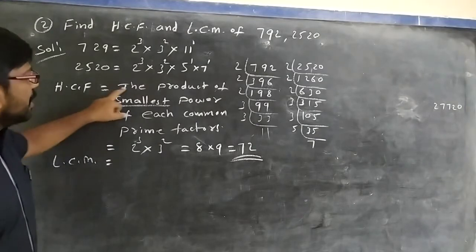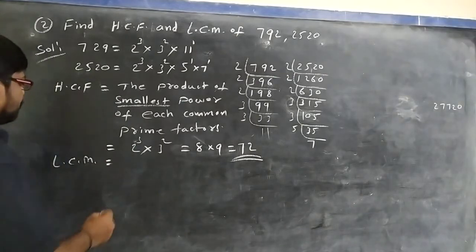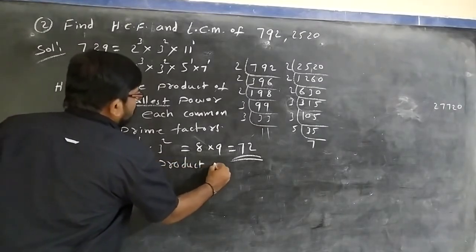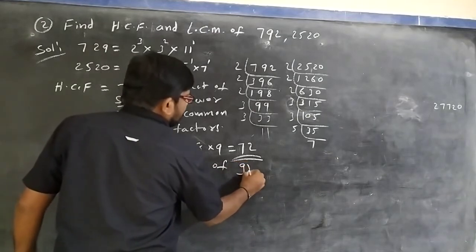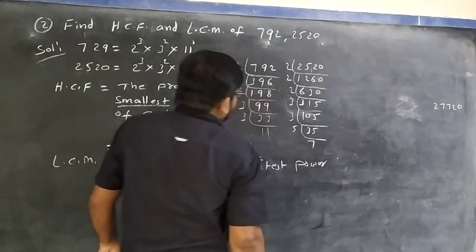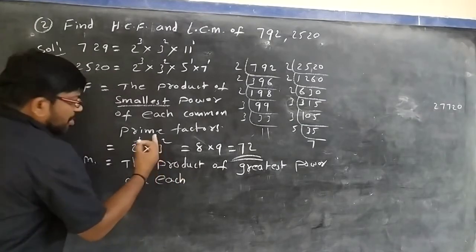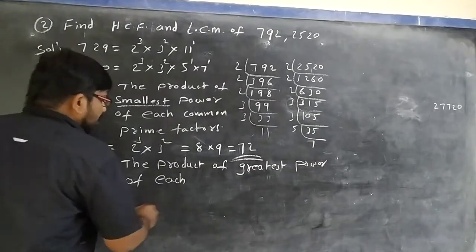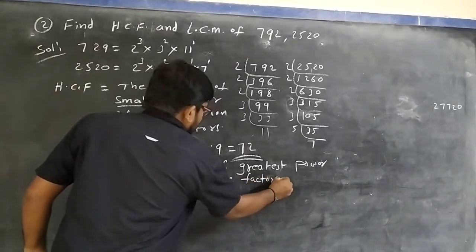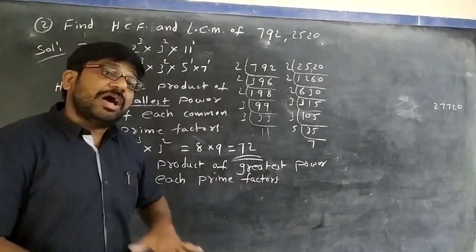In HCF we use the product of the smallest powers, but in this we use the product of the greatest powers of each prime factor, meaning all prime factors.